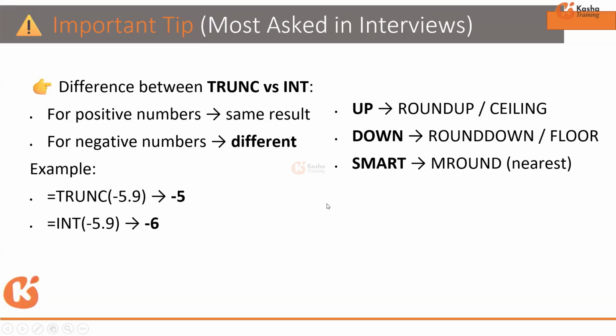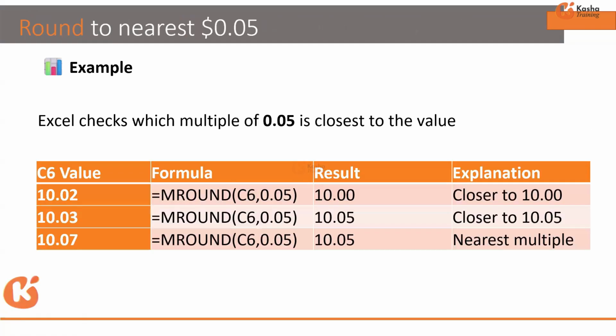So this is the difference. UP means rounding up, DOWN means rounding down. Then you have the smart one, which is MROUND. We'll also see it with the example in the Excel sheet.